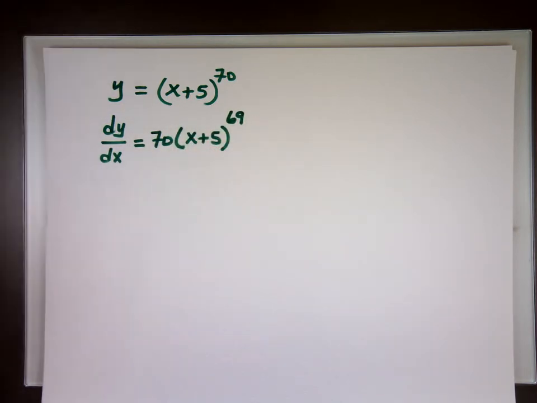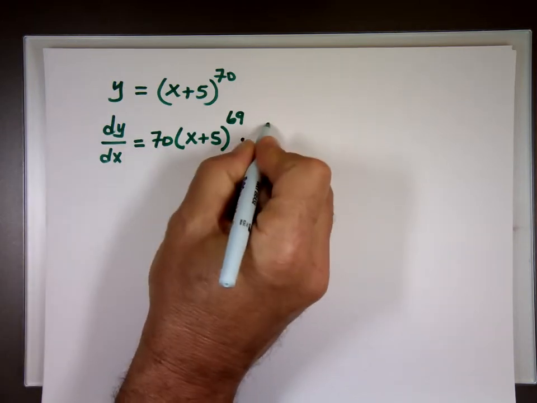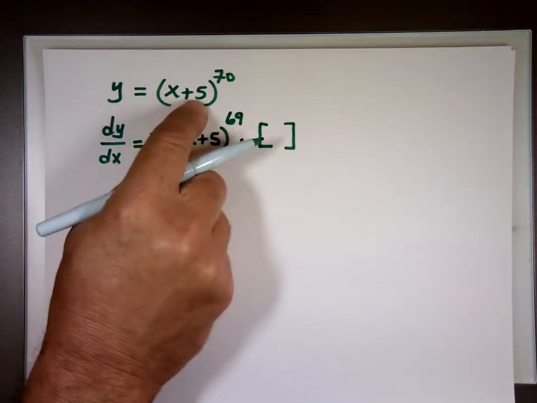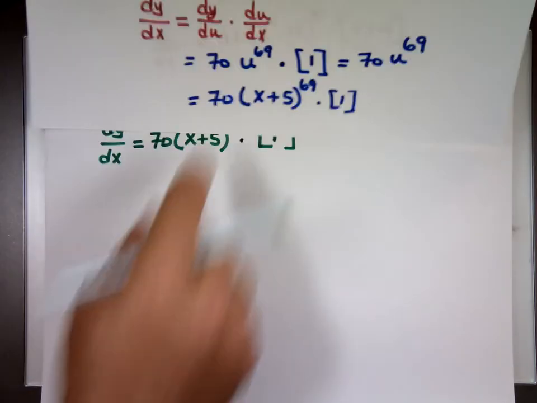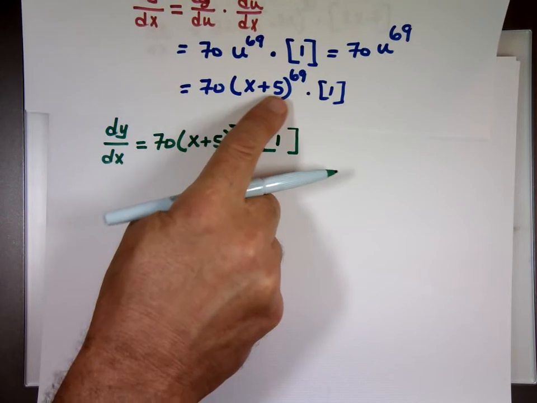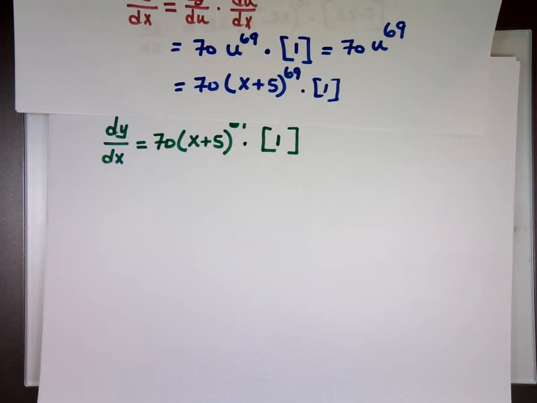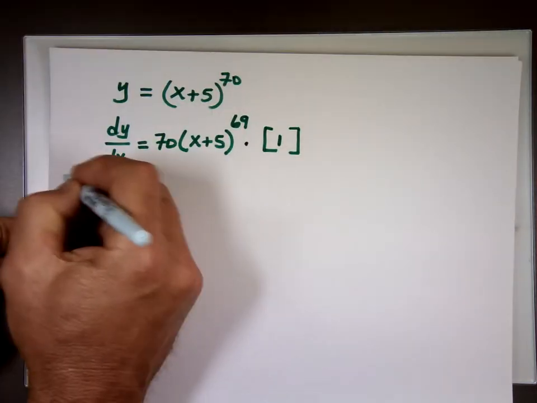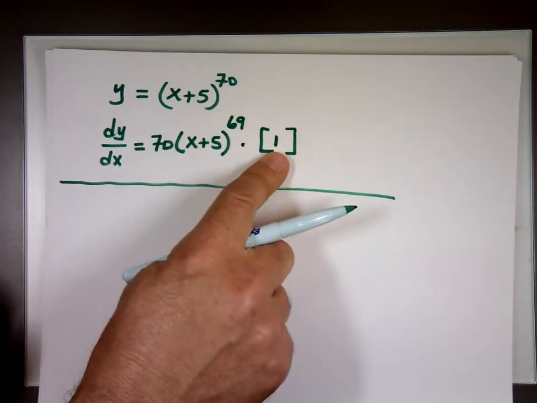The only difference here, we're not done. You have to multiply it by the derivative of what's inside the parentheses. And the derivative of that is 1. Let's look at that answer. Is that the answer we got before? 70 times x plus 5 to the 69 times 1. Yep, the same as before, except the only addition is times the derivative of what's inside the parentheses.